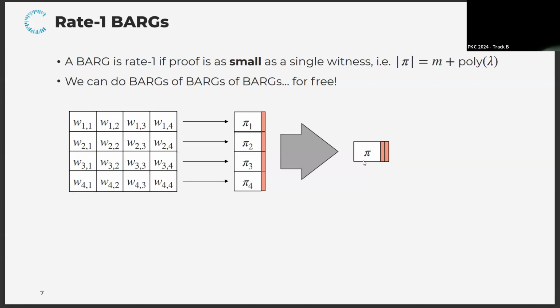So we want to prove many statements of even possibly different languages, and so we prove them, and then we can prove that the verification algorithm of the BARG will accept them and compact them in another proof, and at each layer we just get an additional poly(lambda) instead of a multiplicative explosion.